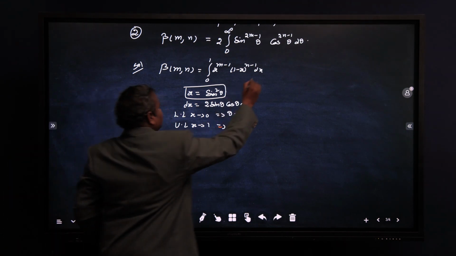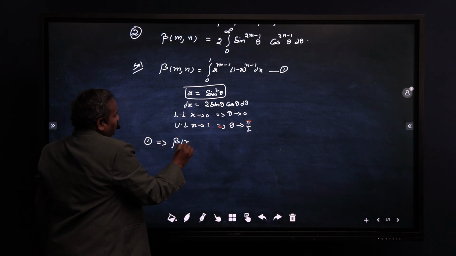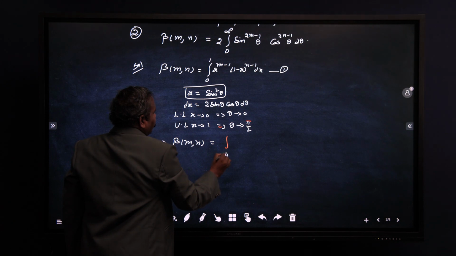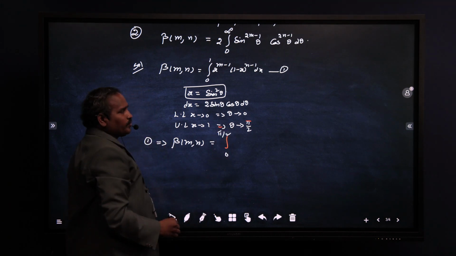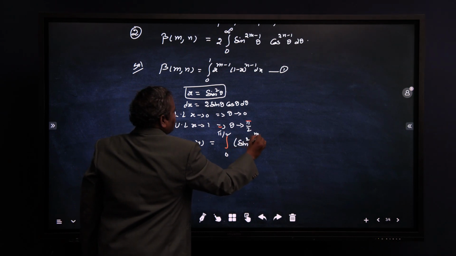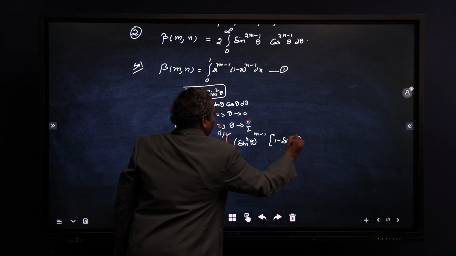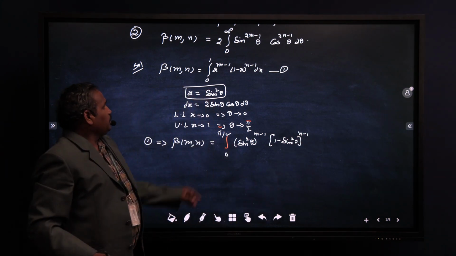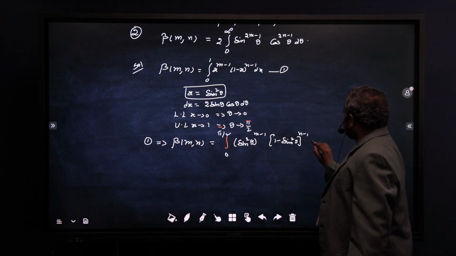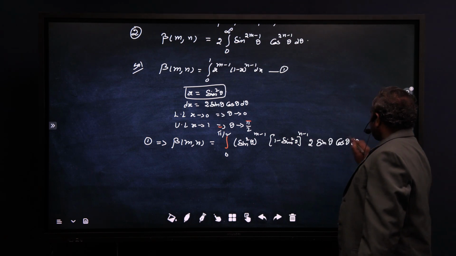Substitute these all in this equation. Beta of m comma n is equal to, here the limits changed as 0 to pi by 2. X value is sine square theta power m minus 1, 1 minus x value is cos square theta power n minus 1, and dx value is 2 sine theta cos theta d theta.